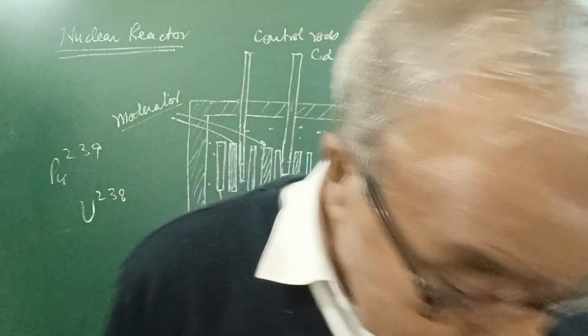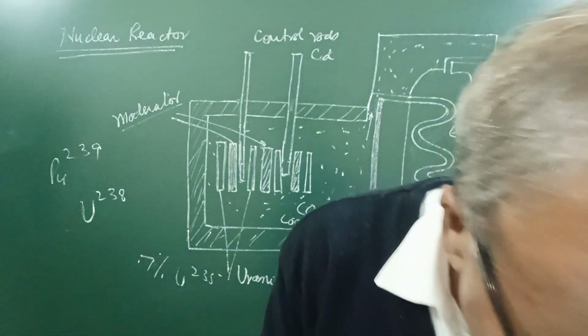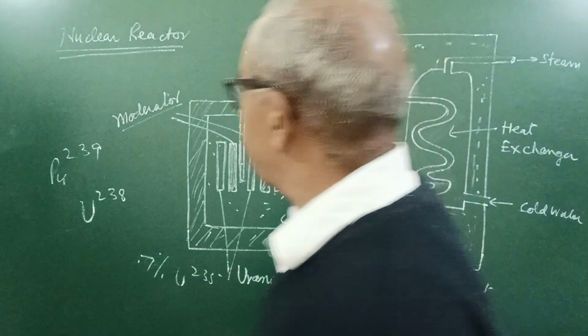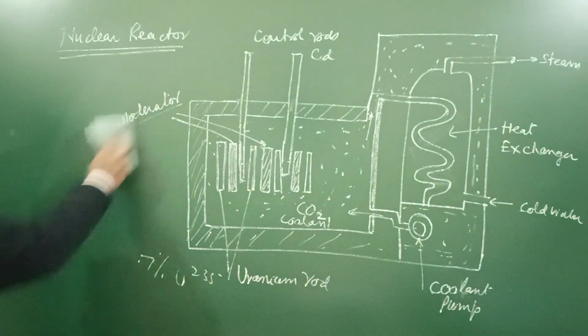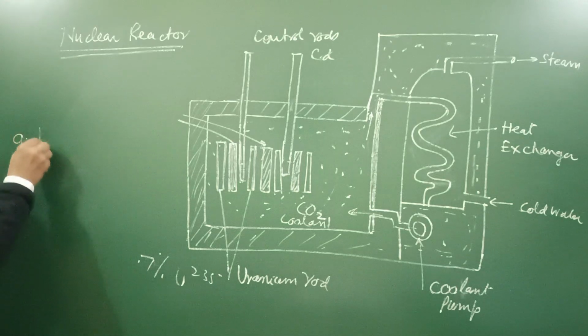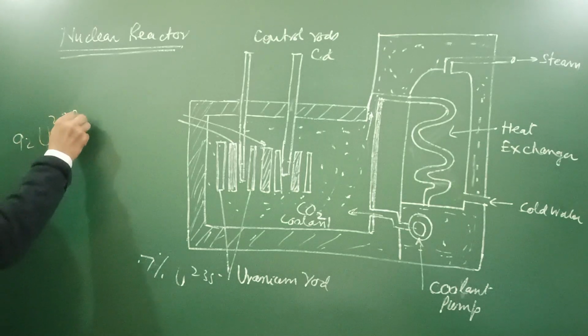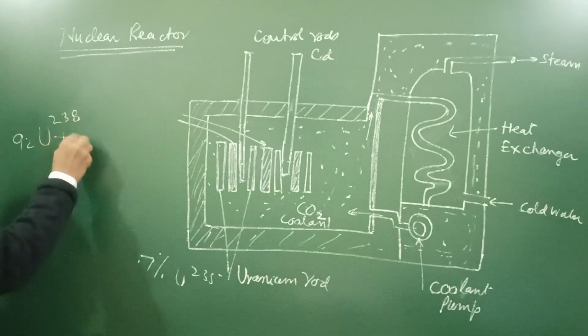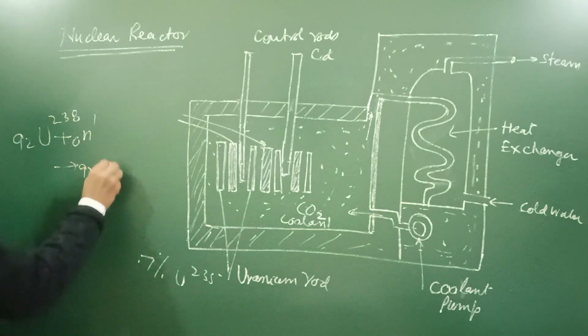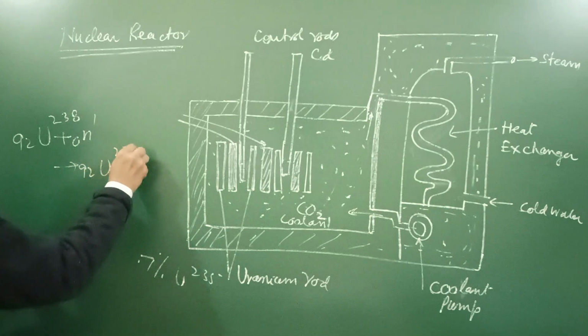A neutron strike converts this into uranium-239. I can write the reaction here: 92 uranium-238 plus neutron (0, 1) produces 92 uranium-239.